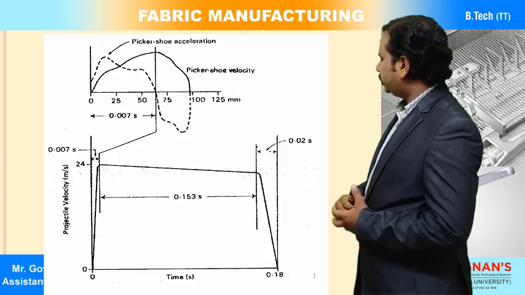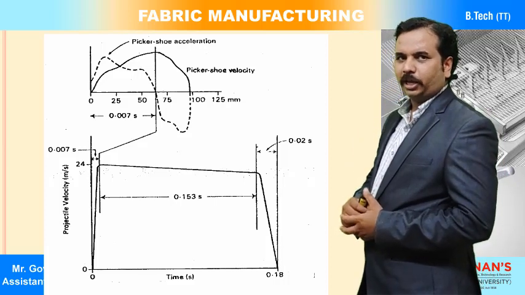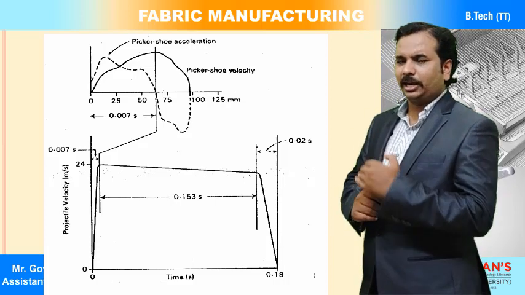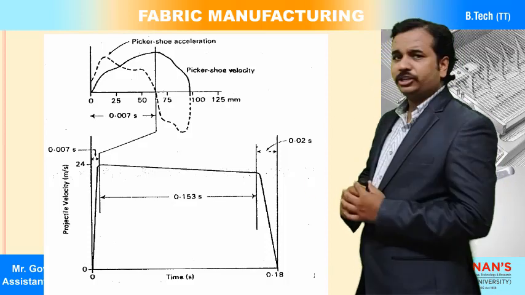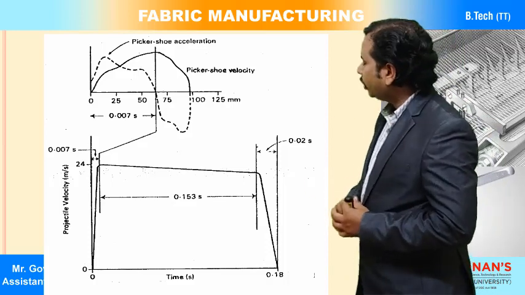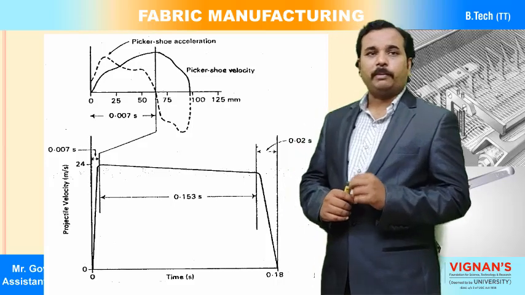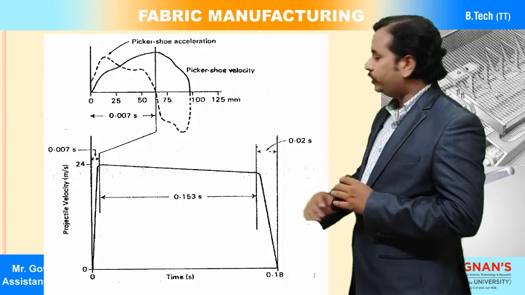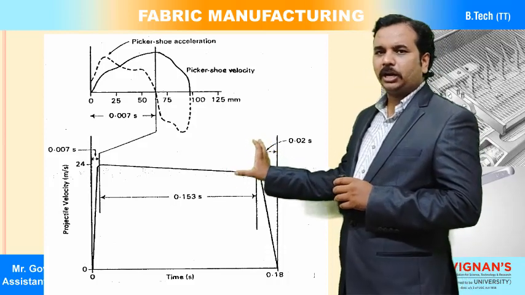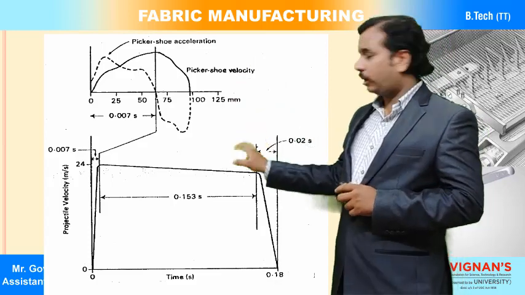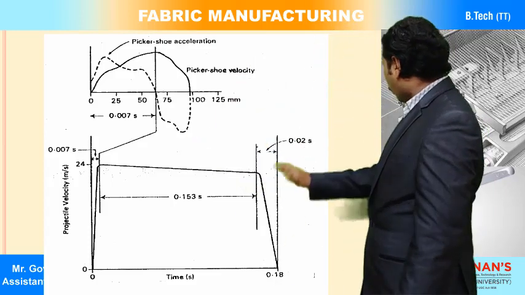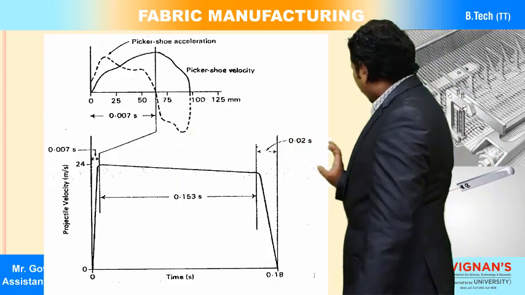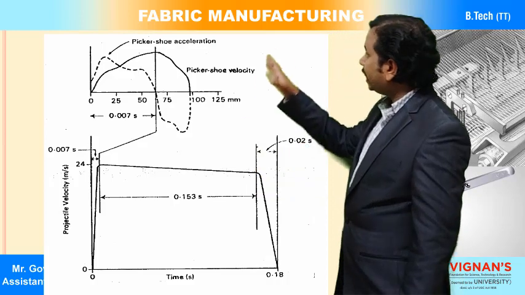At time zero, while the projectile is being accelerated, you can see a sudden acceleration from 0 to approximately 24 meters per second. Within a very limited time, 0 to 0.18 seconds, the sudden acceleration has been done.